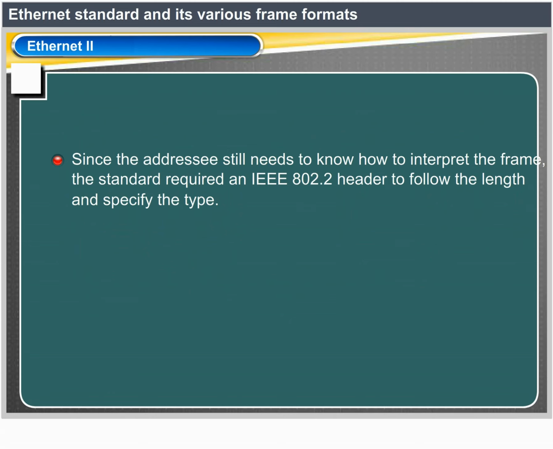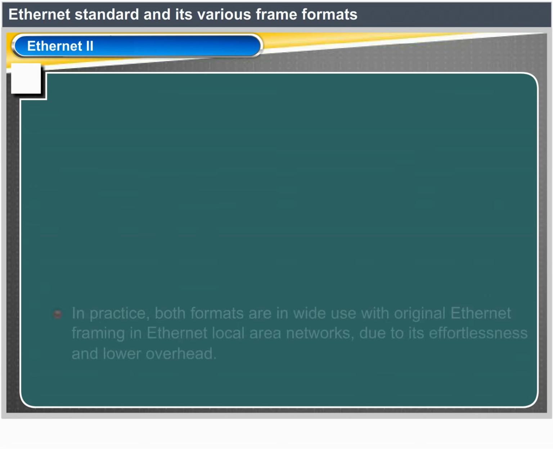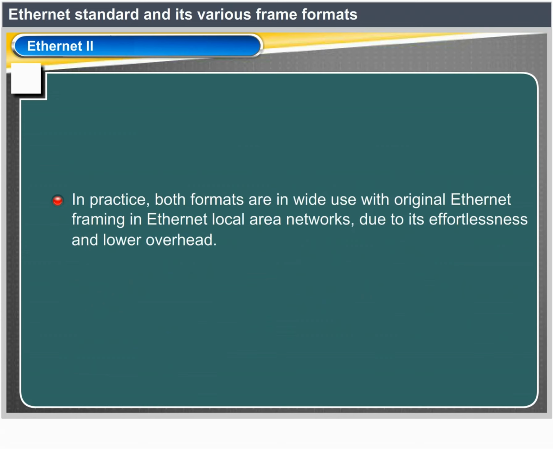Many years later, the 802.3x-1997 standard, and later versions of the 802.3 standard, approved both types of framing. In practice, both formats are in wide use, with the original Ethernet framing used in Ethernet local area networks due to its simplicity and lower overhead.